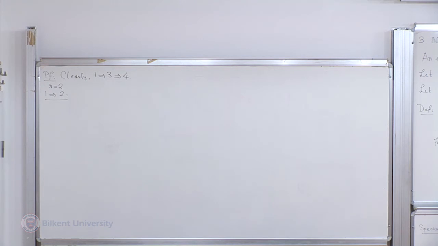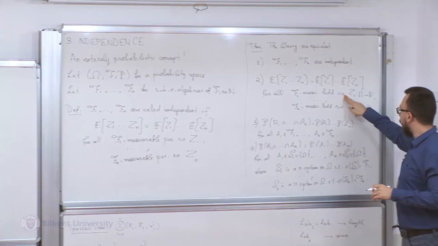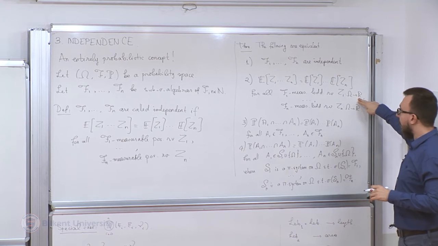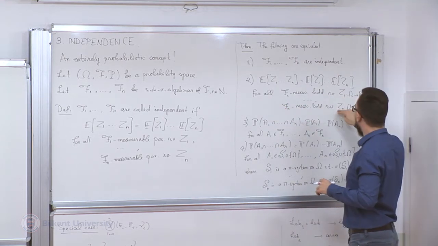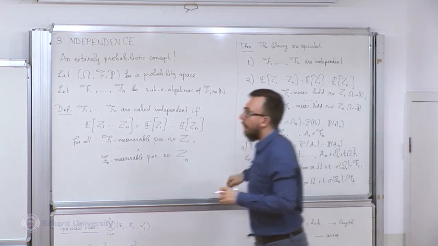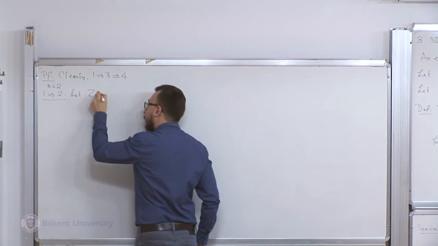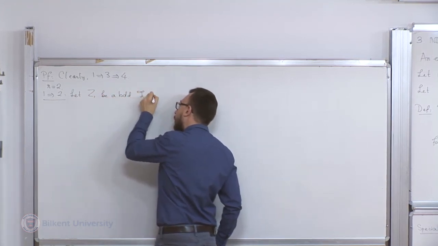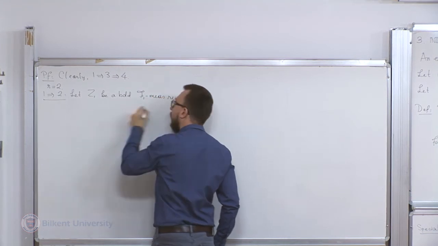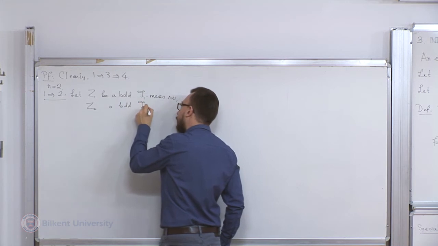In 1, we have positive measurable functions. In 2, we have bounded random variables, which might take negative values. So since we're going to prove 2, let's take 2 random variables that are bounded. So let Z1 be a bounded F1 measurable random variable, and Z2 a bounded F2 measurable random variable.